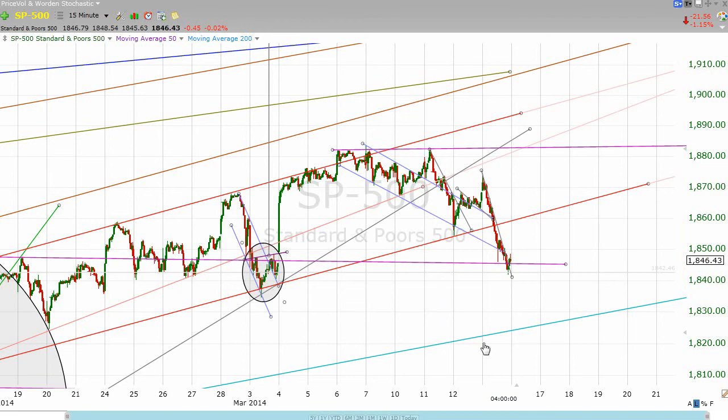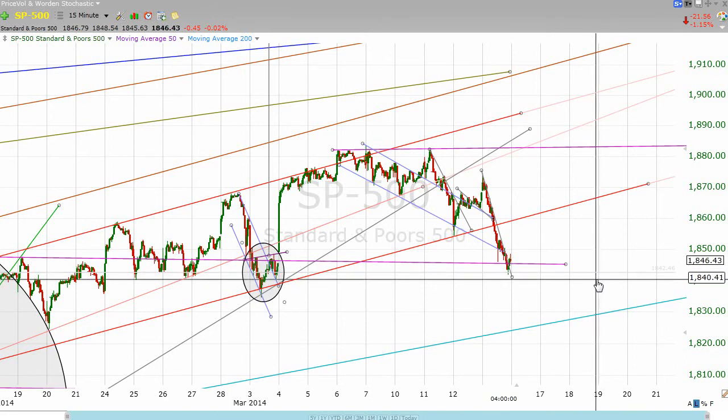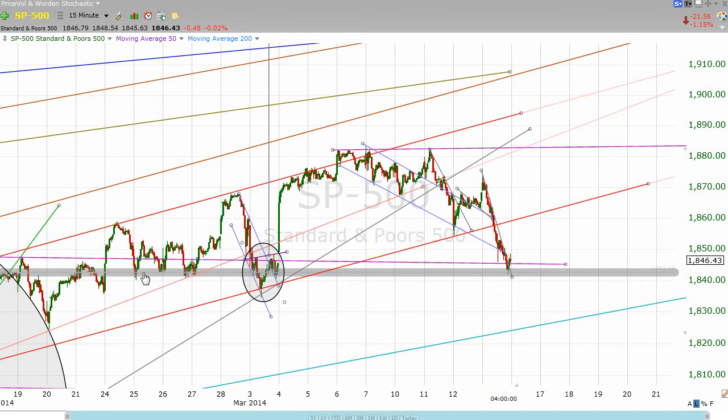It's kind of interesting to note too that we came right down to roughly the same support levels that were in place back in the latter part of February. Right here we had this little cluster at roughly 1842, actually as low as 1840 and change. So there's this little bit of cluster right here.